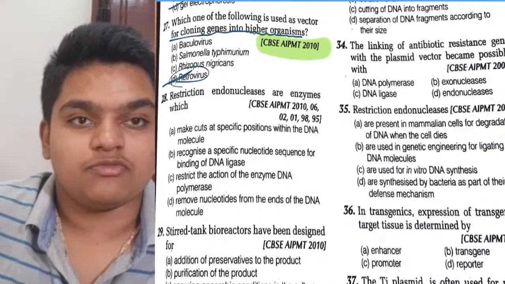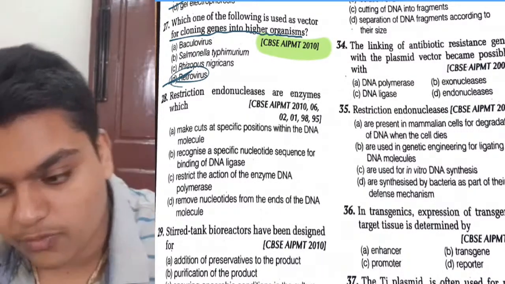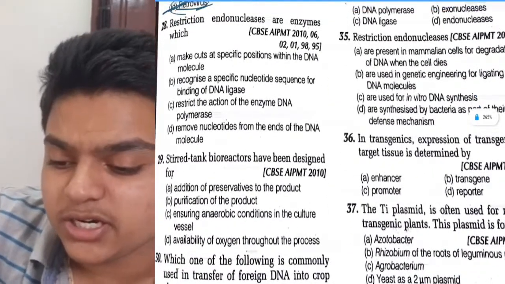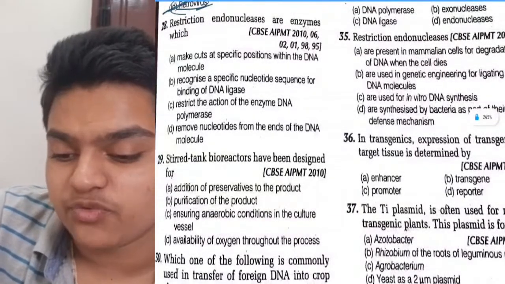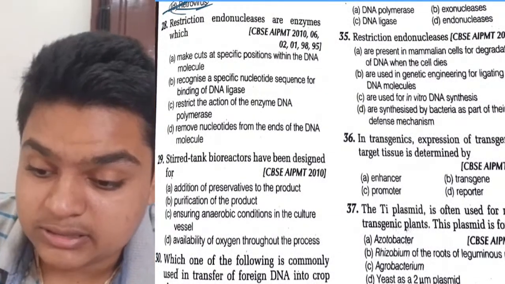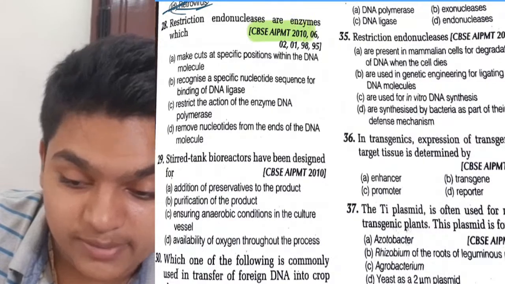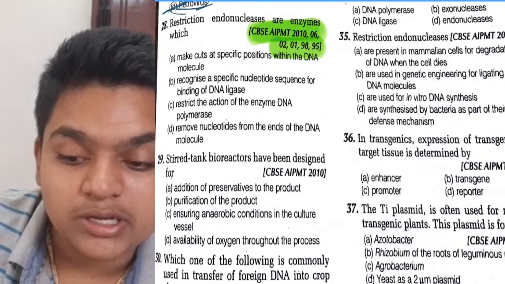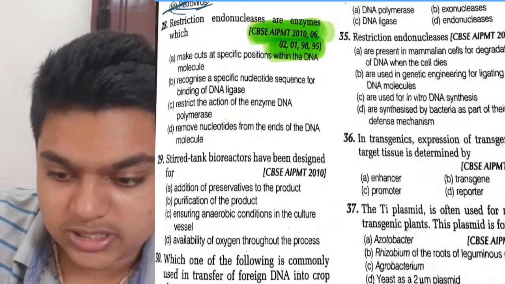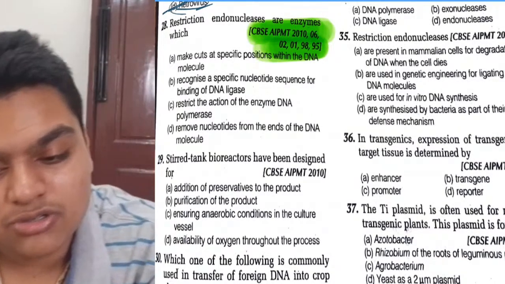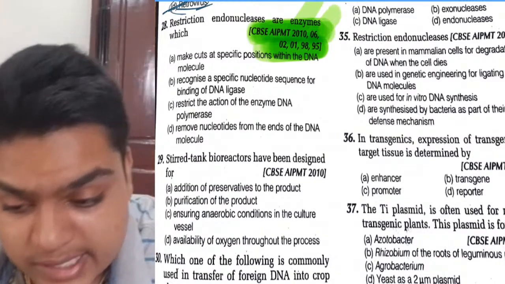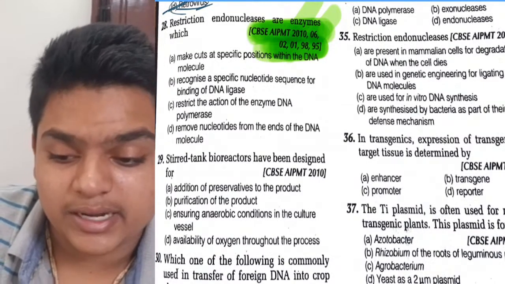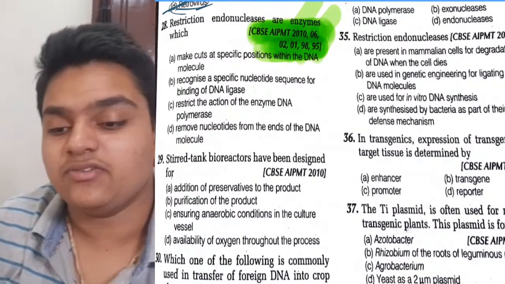Higher organisms are obviously animals. In order to code for animals, we use retroviruses. Okay, clear? Now, restriction endonucleases are the enzymes which... see, this question has repeated how many times? 2010, 2006, 2002, 2001, 1998, 1995.